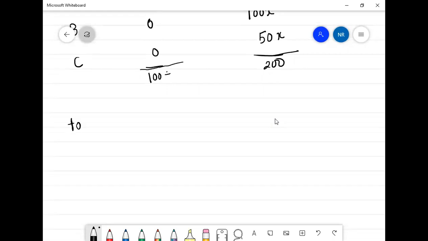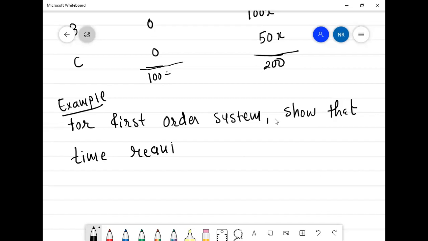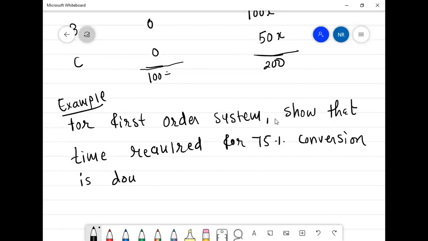Now for first order system, show that the time required for 75% conversion is double the time required for 50% conversion.